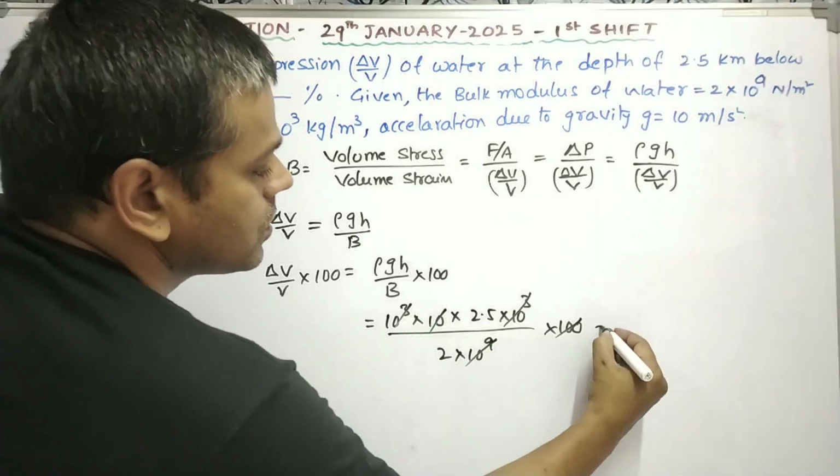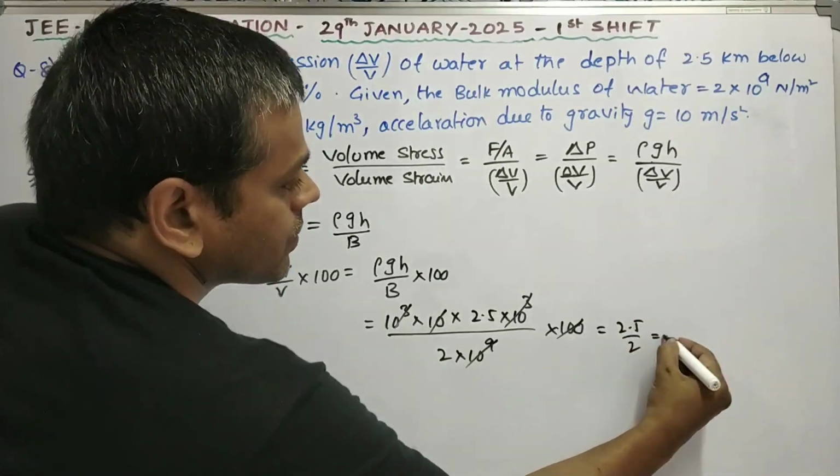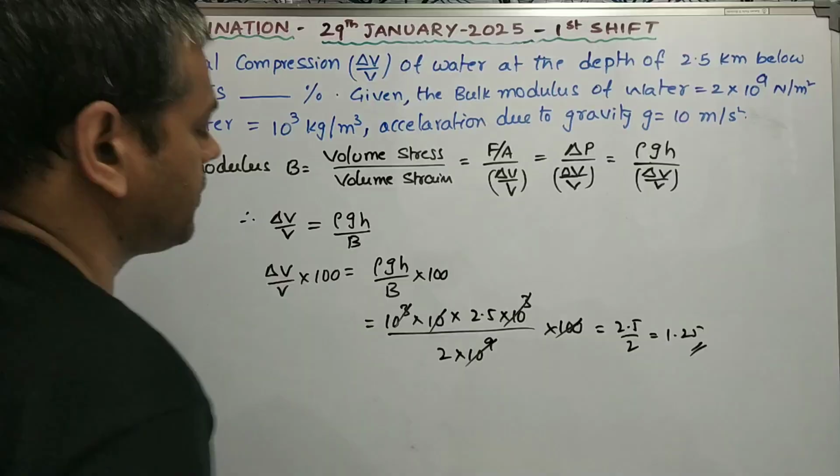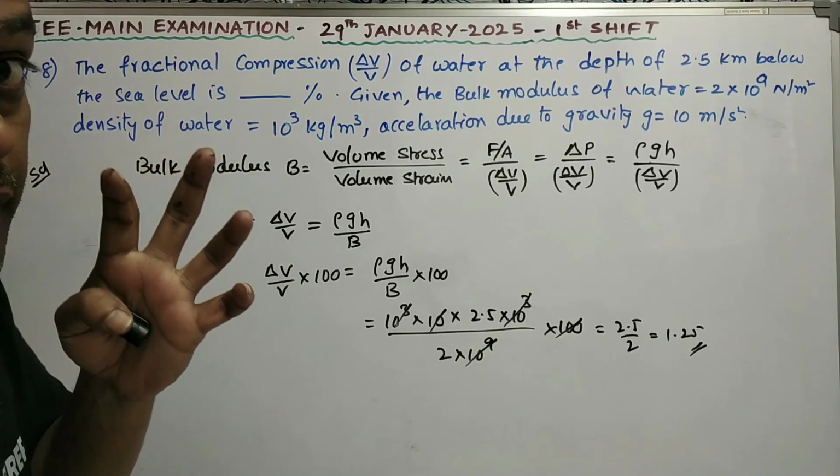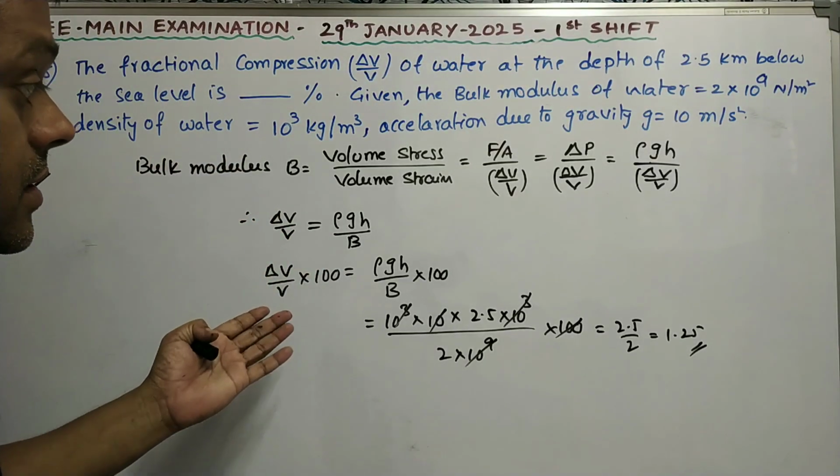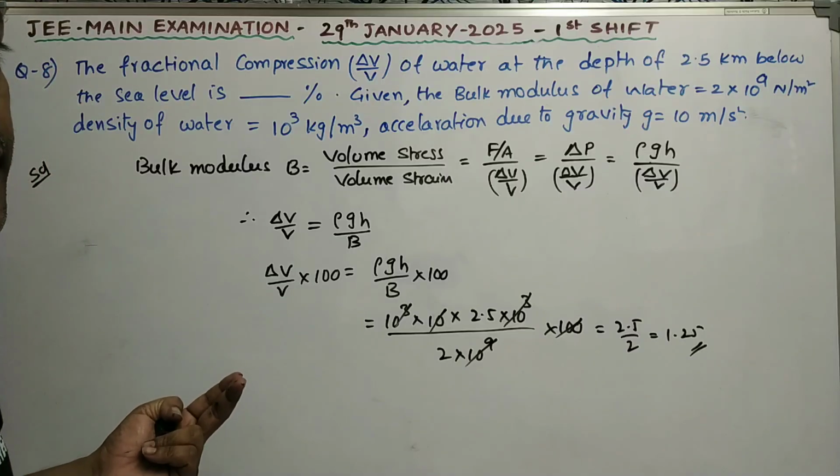So 2.5 by 2 equals 1.25. It is only a numerical value and doesn't have any dimensions, because it is a ratio of the same kind of physical quantities. Okay, right.